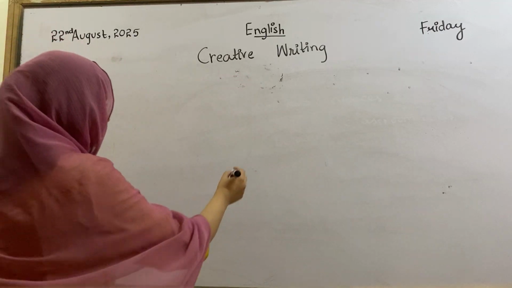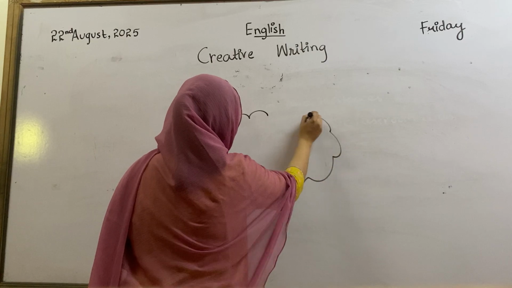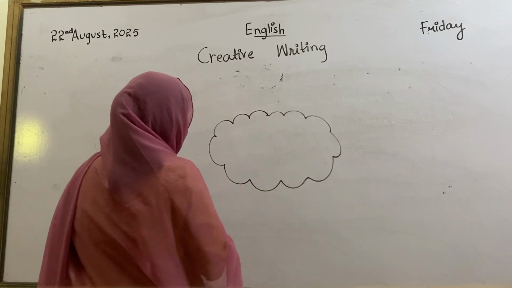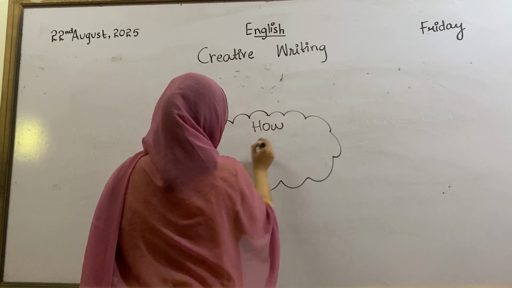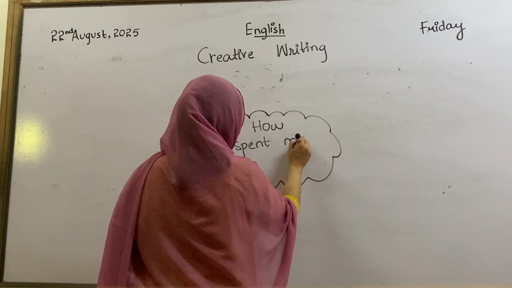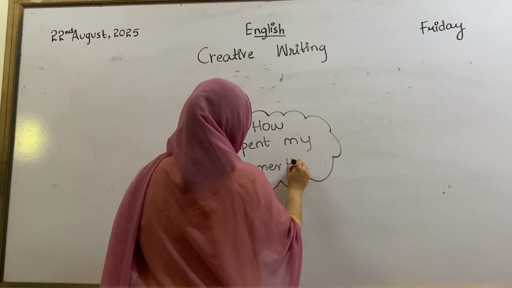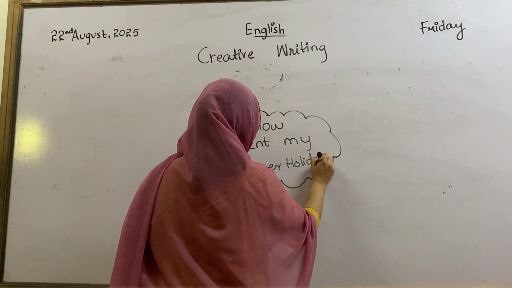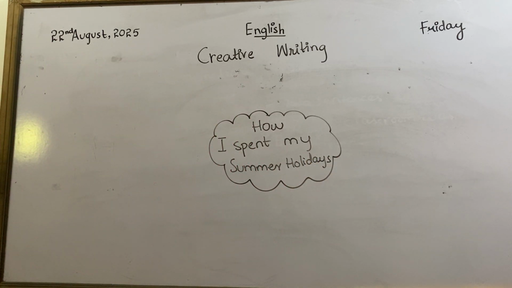And then you can just simply draw a big bubble in the center of your page and write the topic. What is the topic? How I spent my summer holidays.